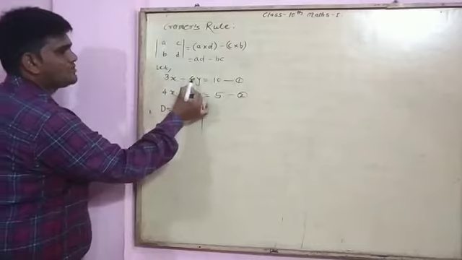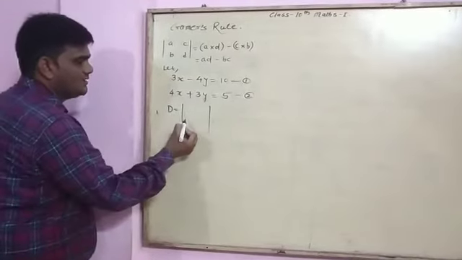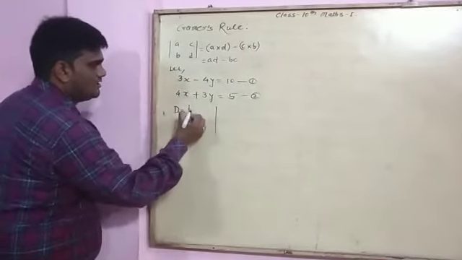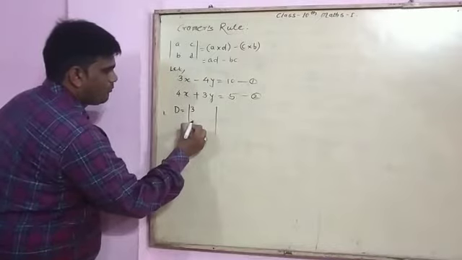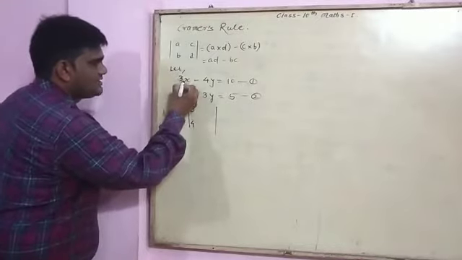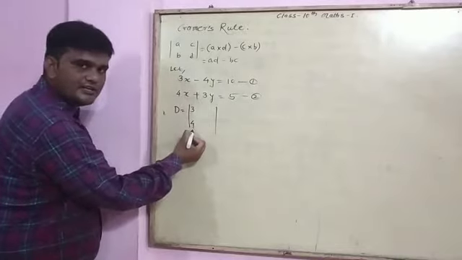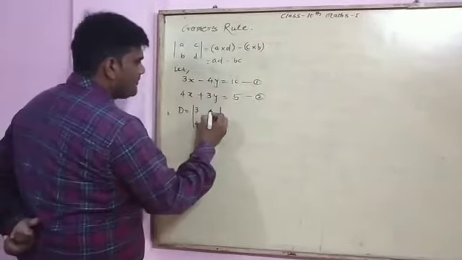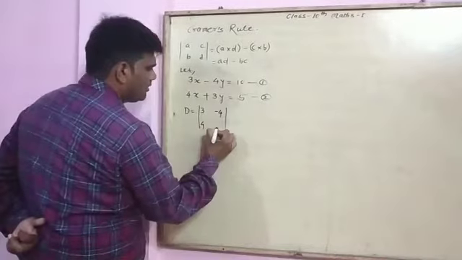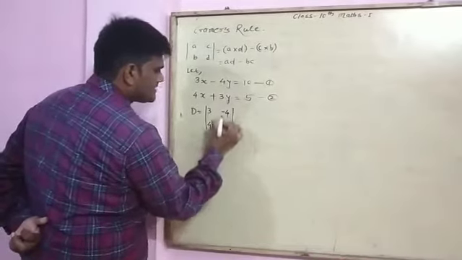You have to write the coefficients of x and y in the determinant in this way: 3, 4. This is the first column, the coefficient of x. Then the coefficient of y, that is minus 4, plus 3.